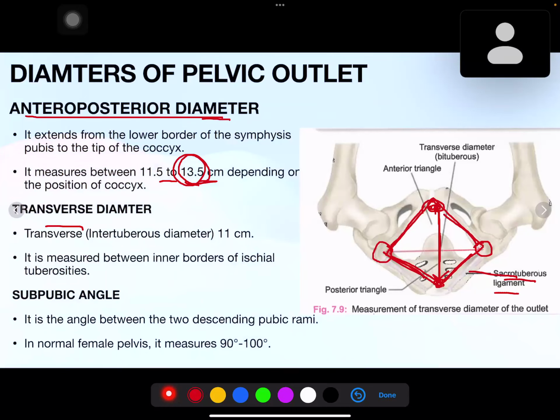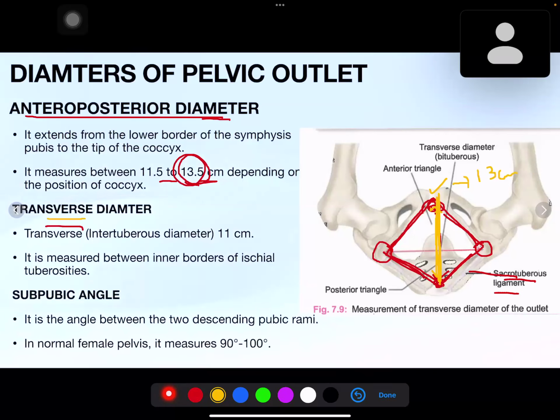These were the borders of the pelvic outlet. Now the diameter would be in the center. Here the AP diameter is longest in the pelvic outlet. You just have to take the opposite of the pelvic inlet diameters. Longest means it would be 13 centimeter.